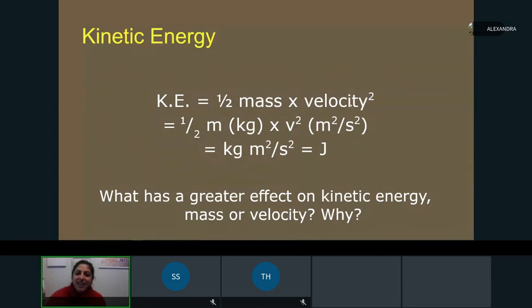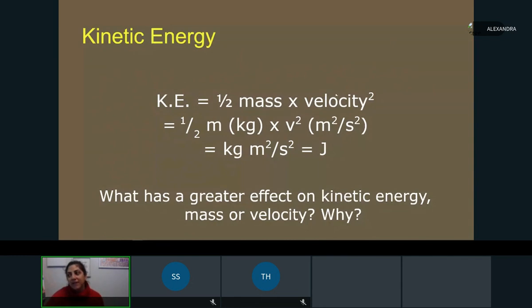So let's take a look at this. Do you think that the mass that's being cut in half is going to have a greater effect on kinetic energy? Or do you think the velocity that's being squared is going to have a greater effect on kinetic energy? If you want something to have more kinetic energy, what are you going to change?